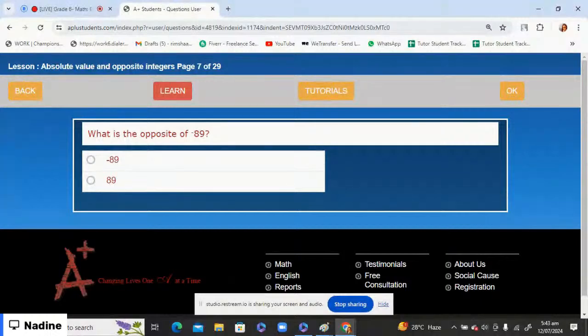It's negative 89, so the opposite of negative 89 is plus 89. Okay. What is the opposite of minus 16? The opposite of minus 16 is plus 16. Okay.